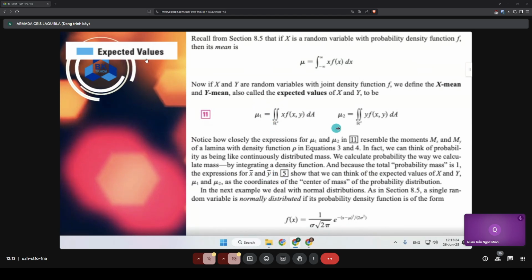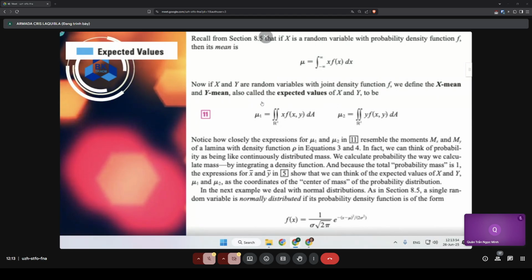So here, your mu1 and mu2 are the coordinates of the center of mass of the probability distribution. So this too is the coordinates of the center of mass of the probability distribution. So our x bar there and y bar, they are the center of mass of what? Of a lamina, right? Yes, okay.